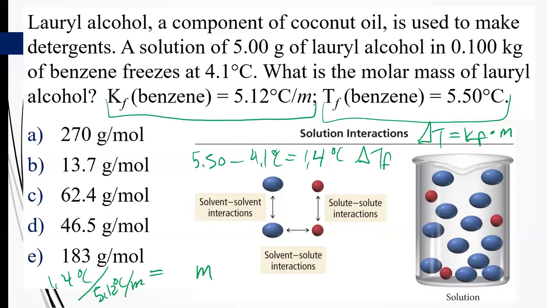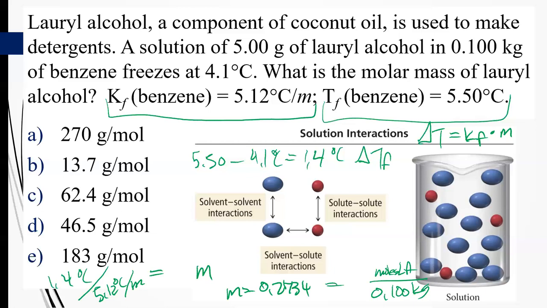So if I look at this, my molality must have been 0.2734. And if I know that this is going to be equal to the moles over 0.100 kilograms of benzene, now I just need to figure out how many moles of lauryl alcohol that would be. So I take that and I multiply it by 0.1.